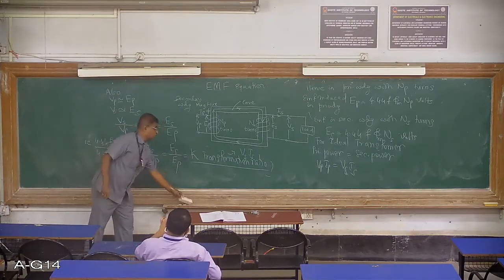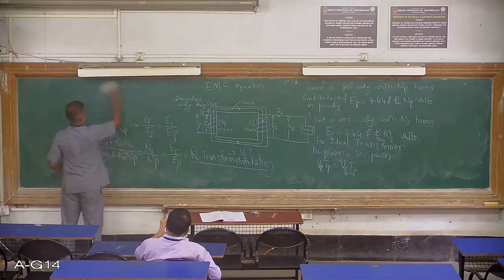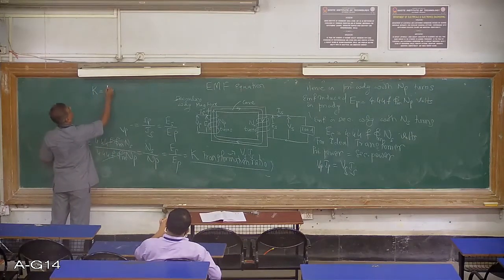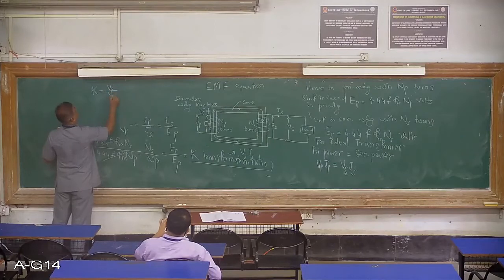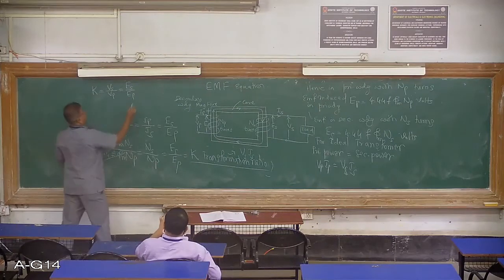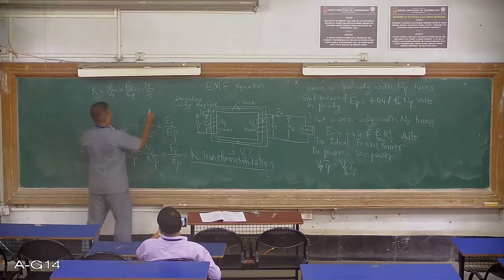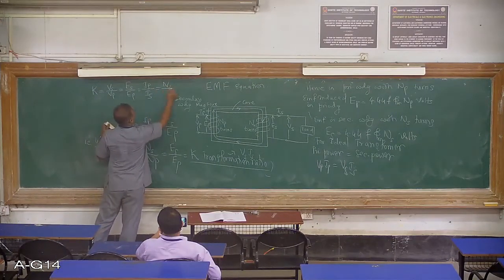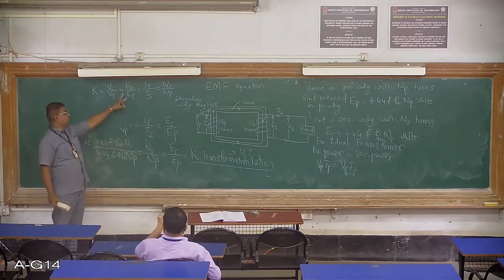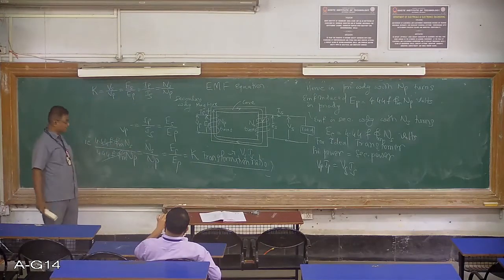So through this discussion, we have understood that K, the transformation ratio, is given by Vs by Vp, which is basically Es by Ep, and which is also equal to Ip by Is, and also Ns by Np. This is the voltage transformation ratio, or commonly called the transformation ratio.